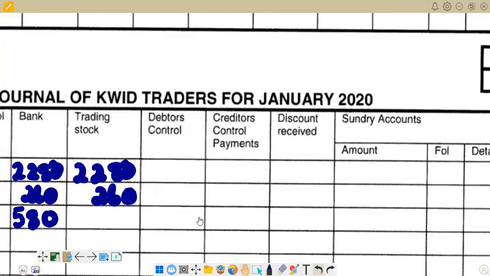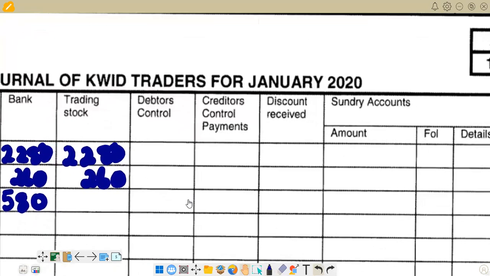So we are here now on sundry accounts column, and remember we are in this row. So our amount we are putting it here is 580. And then on the details part, this is loan to Crazy Bank.